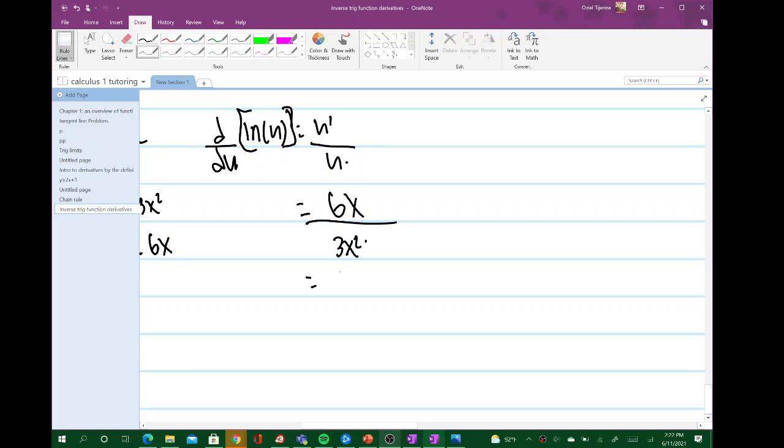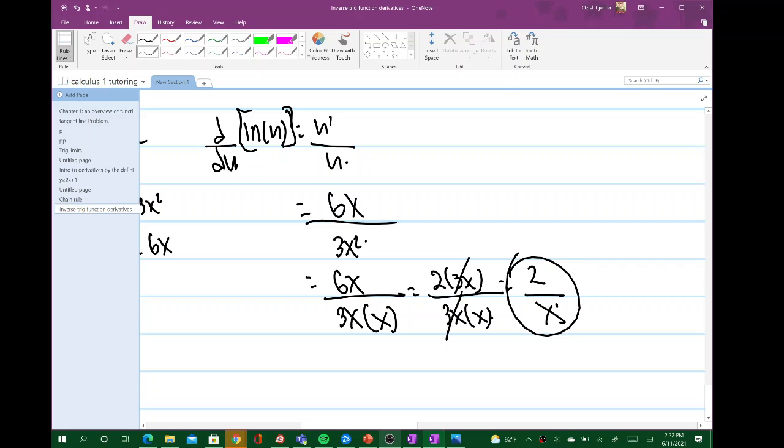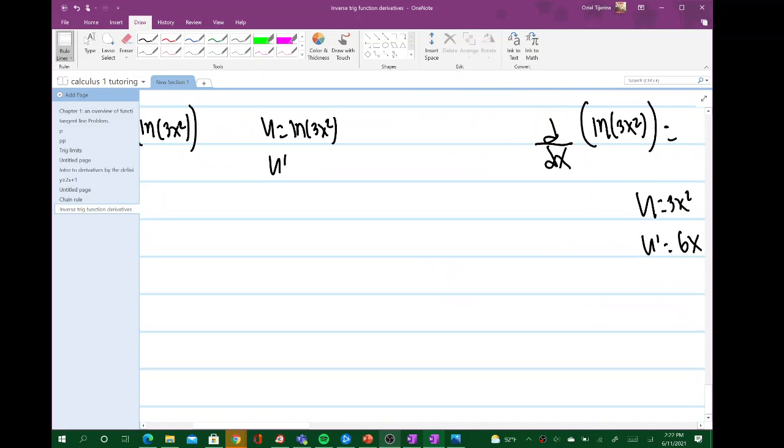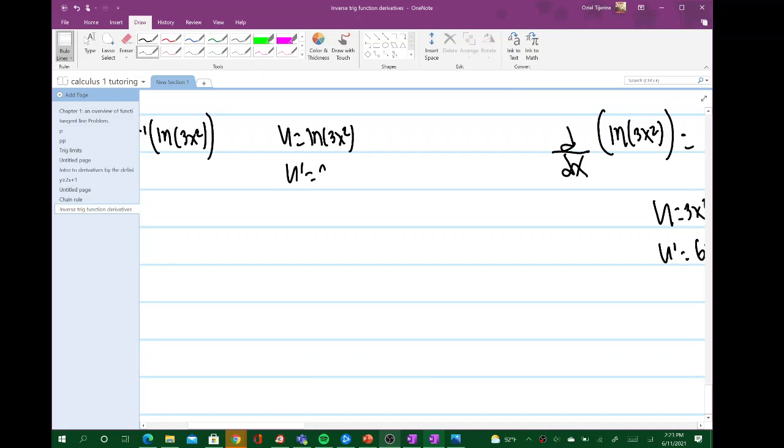So this is going to be equal to 6x over 3x times x, which is really 2 times 3x over 3x times x. This is just going to be 2 over x. So that's the derivative of the natural log of 3x squared. It's 2 over x. Right.